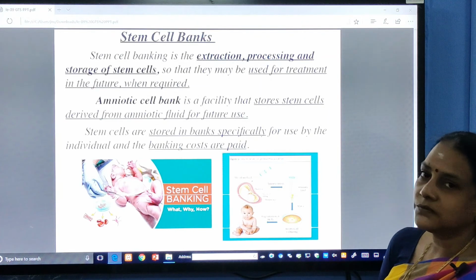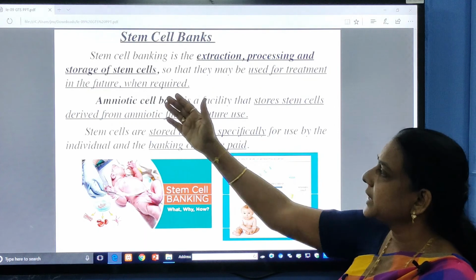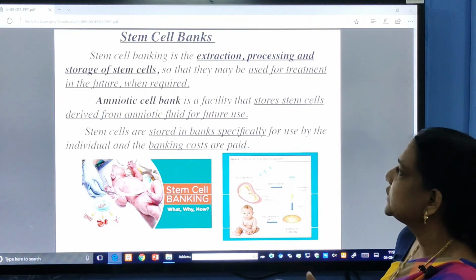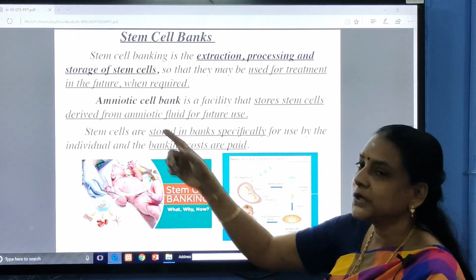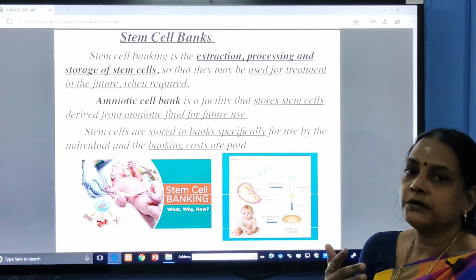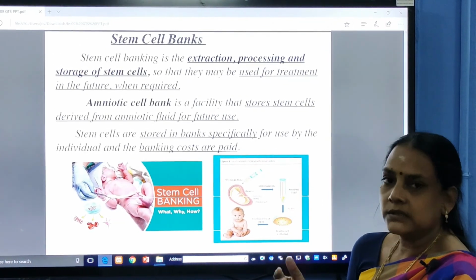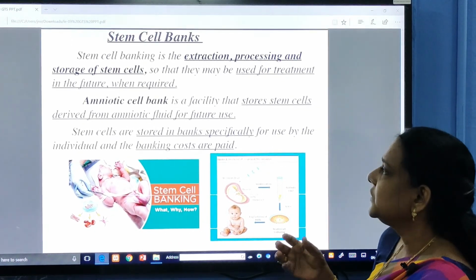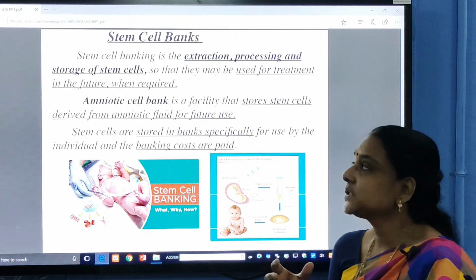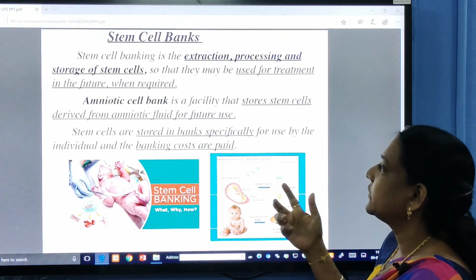The use of stem cell banking is the extraction, processing and storage of stem cells. It is mainly for treatment in future, if the same person who donated the stem cells has any problem, at that time these stem cells can be used. For that we store these stem cells in the bank. That is what you call stem cell banking. So when required it is used.